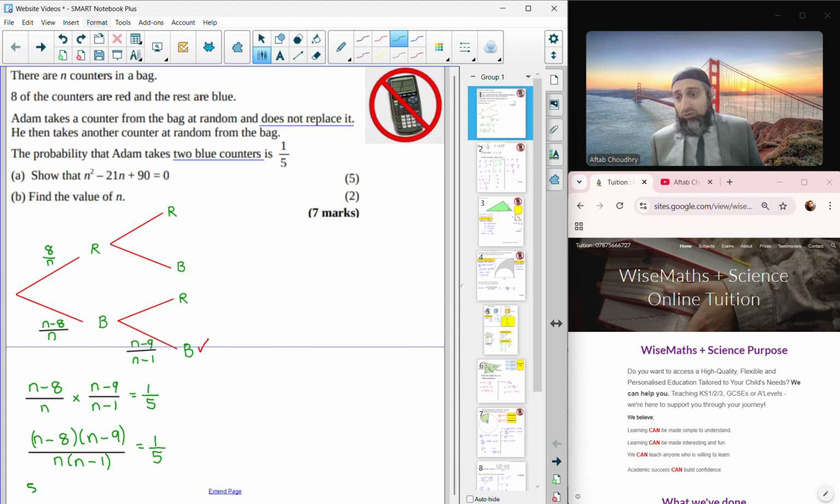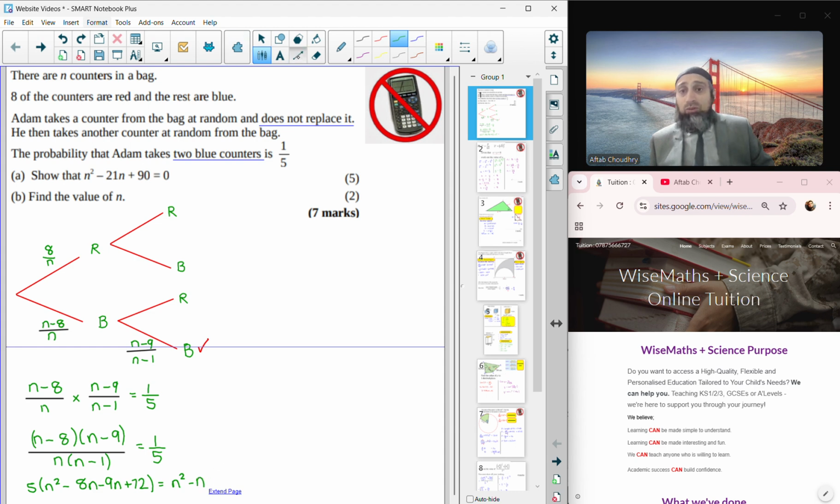Let's cross multiply as well, so you times that by 5: 5 lots of n squared minus 8n minus 9n, and minus 8 times minus 9 is plus 72. Let's close the bracket, which works out to be 1 lot of n times n, which is n squared, and then n times minus 1, which is minus n.